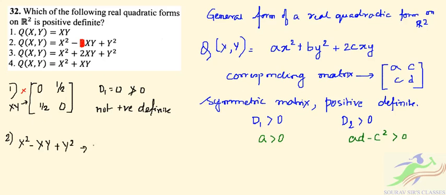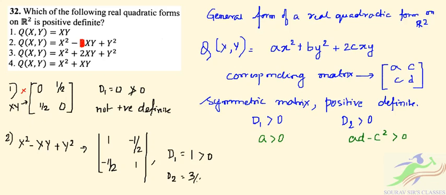The corresponding matrix representation will be (1, minus half; minus half, 1). So d1 will be 1, which is greater than 0, and d2 is 3 by 4, which is also greater than 0. So this is positive definite.